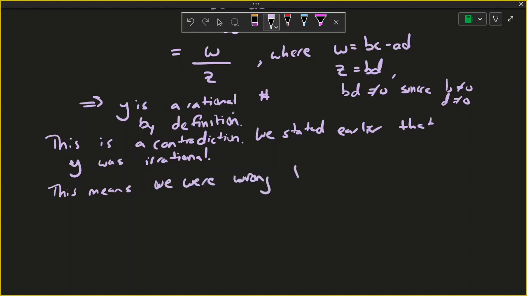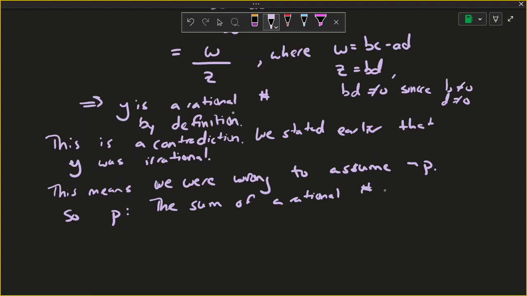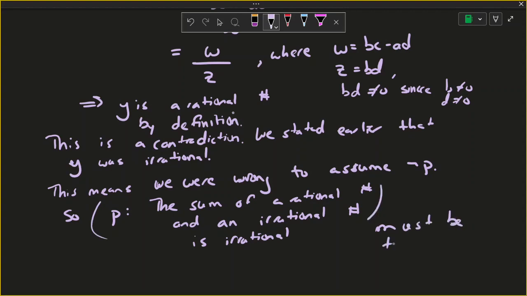We were wrong to assume not P. So P, the sum of a rational number and an irrational number is irrational, must be true. And that's the end of our proof.